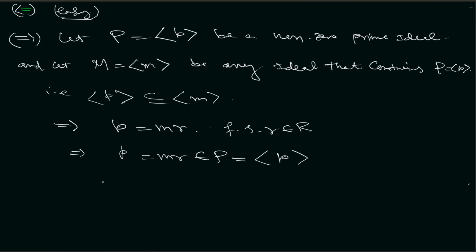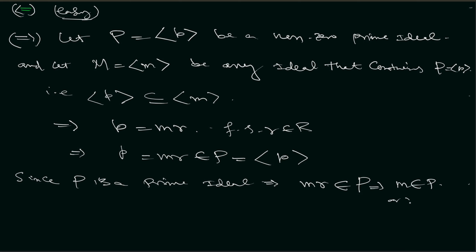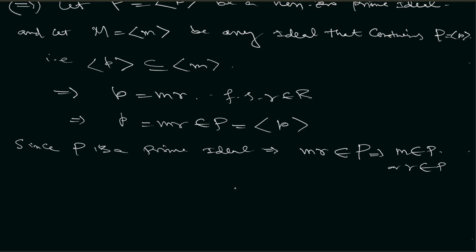Since P is a prime ideal, now I will use the fact that since P is a prime ideal, mr inside P implies that either m is in P or r is in P. So now case 1, suppose r inside P, and P generated by p.